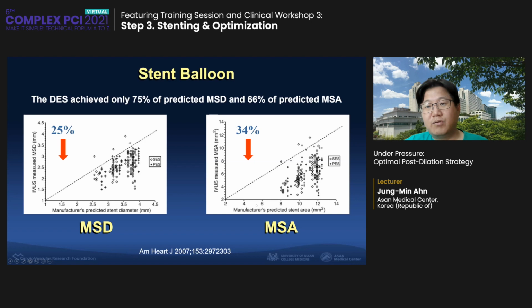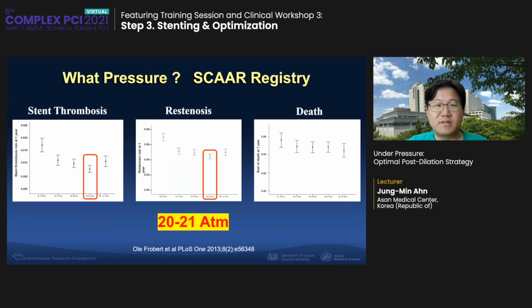So even though the stent looks well expanded angiographically using a stent balloon, the minimal stent area is less than expected after stenting by 34%. So I think an additional high pressure balloon is important.